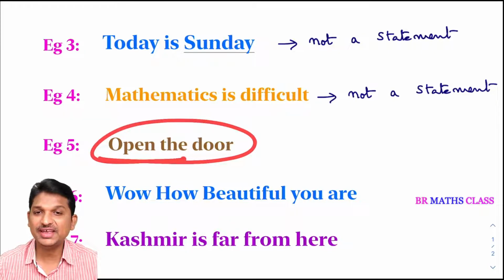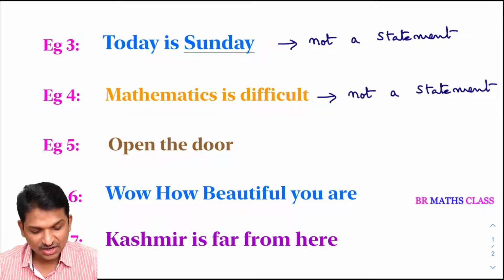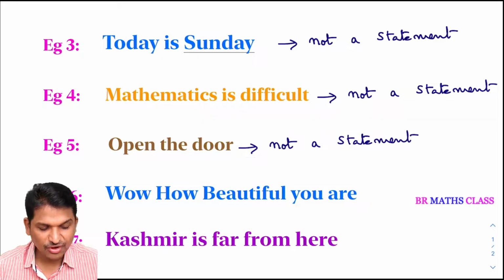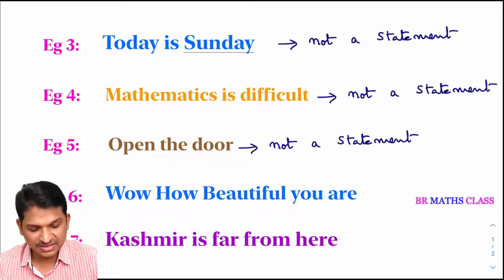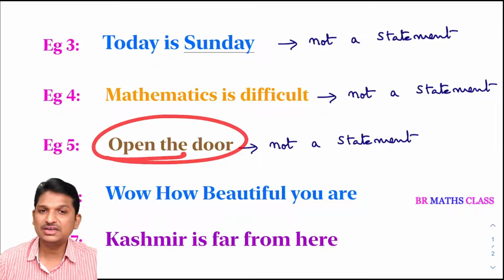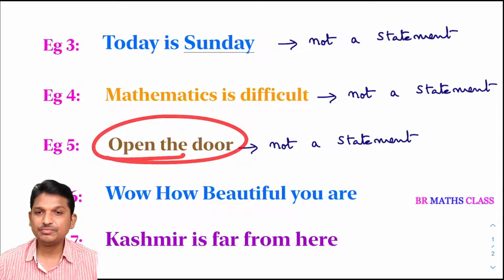Orders are not statements. Answer this question. Such types of things are not statements. Here, open the door is not a statement, because it is an order. In this order, we cannot find true or false. Orders are not statements.